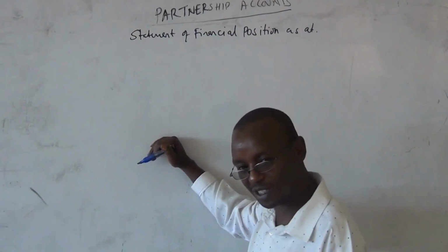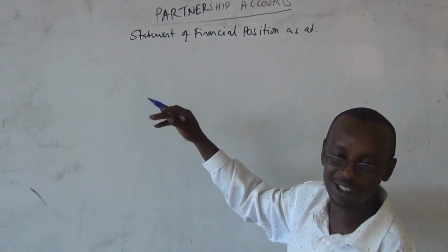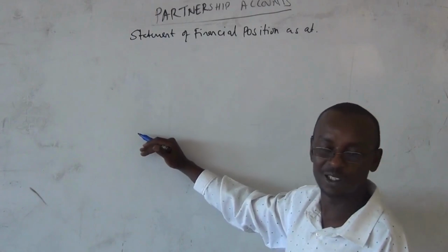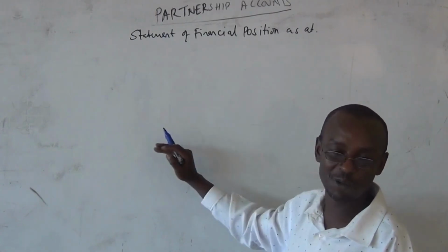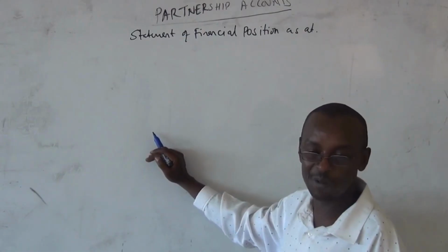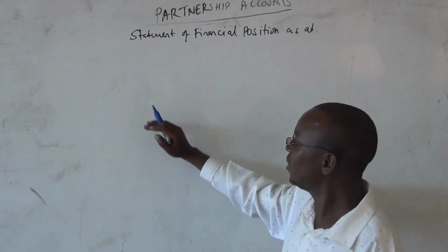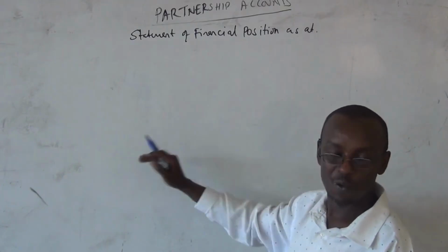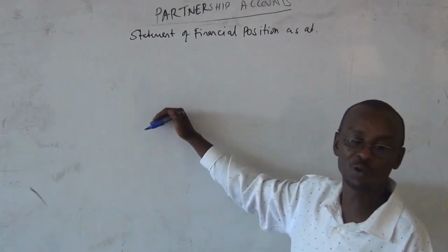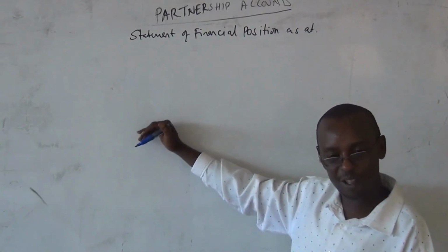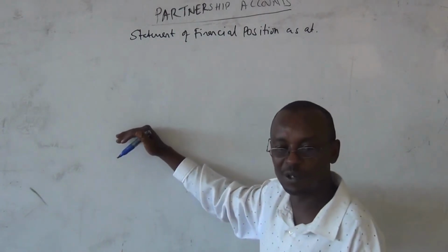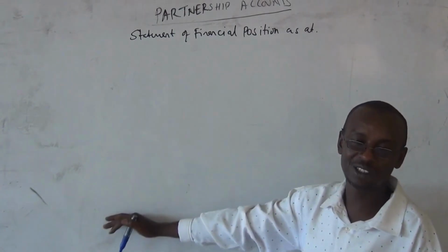Then after that, you can recognize the intangible assets, goodwill and any other. Other examples of intangible assets are patents and copyrights. Then current assets, we arrange them in the order of liquidity, from the one that is furthest from being transformed into cash down to cash.